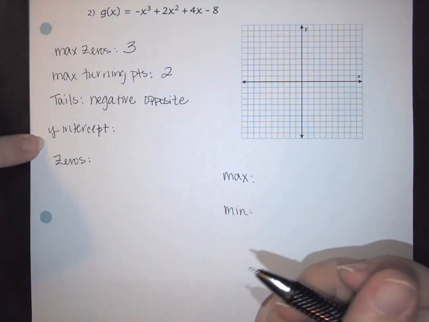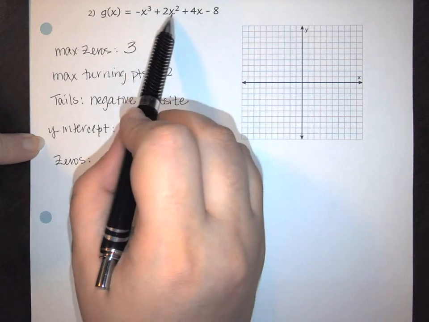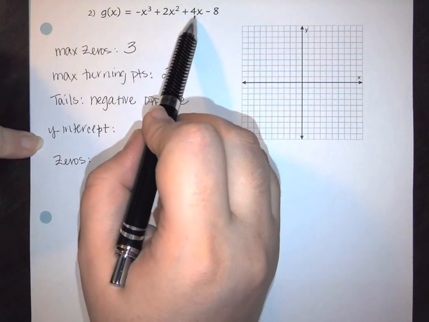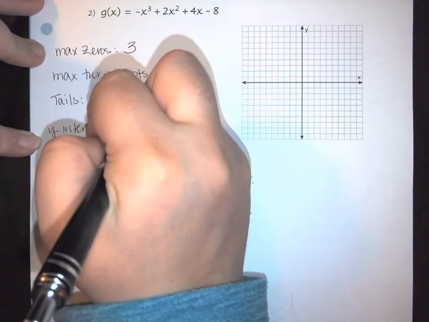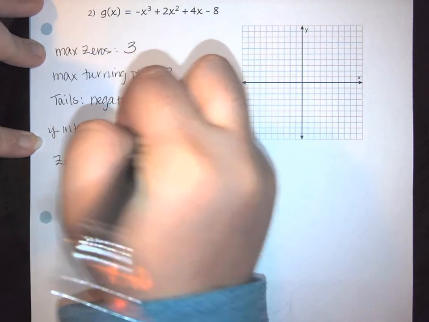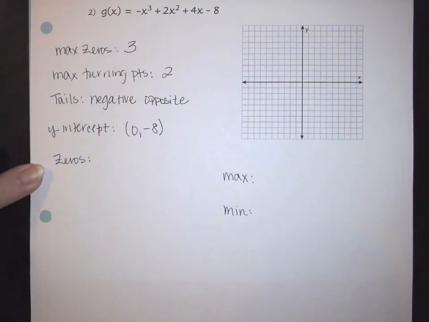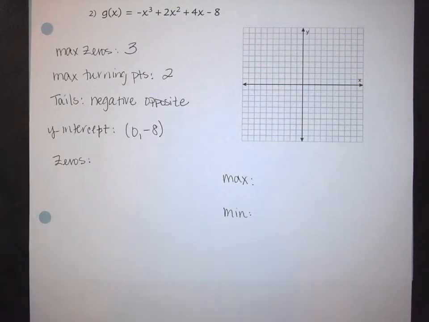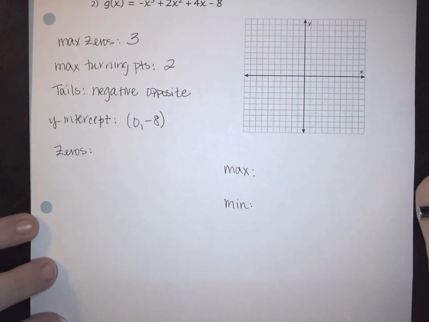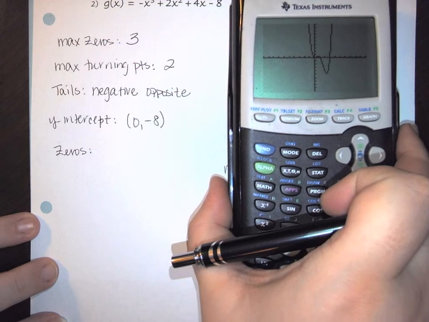My y-intercept says plug a 0 in for x, and what you get left over is the y-intercept, so this is (0, -8). Then I have my zeros, my max, and my min. Okay? So at this point we can go ahead and we can start working on its graph.